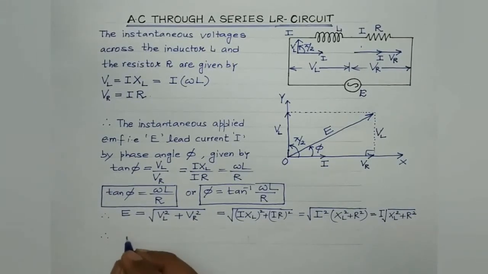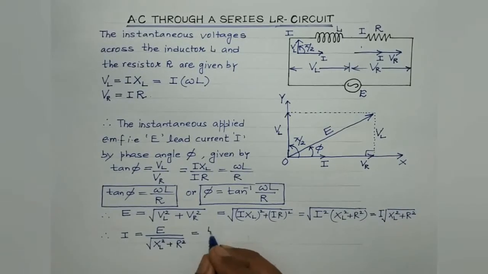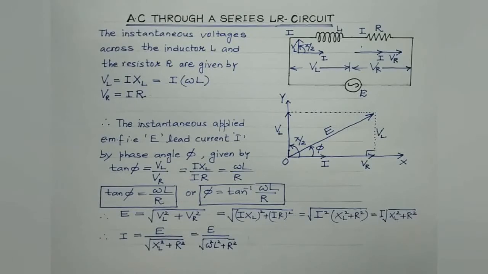Therefore, students, current is given by E, which is the instantaneous alternating EMF, divided by square root of XL square plus R square. Or it may also be written as E divided by square root of omega square L square plus R square. XL is the inductive reactance, which is obviously defined as the total resistance offered by the inductor to the flow of current, right? Now concentrate on this expression.